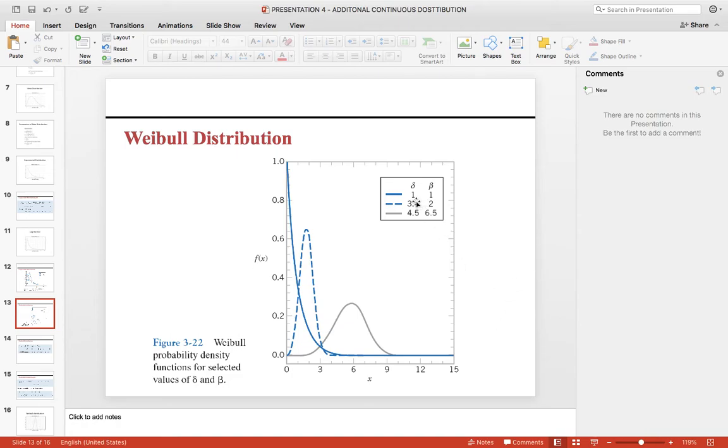There are two parameters, alpha and beta. So when the two parameters are 1 and 1, you get like an exponential distribution. Then if it is 3.4 and 2, you get it slightly skewed. And when there are very large values of alpha and beta, then it tends to a normal distribution. So we will take the value 3.4 and 2.